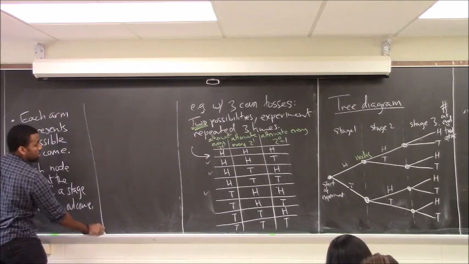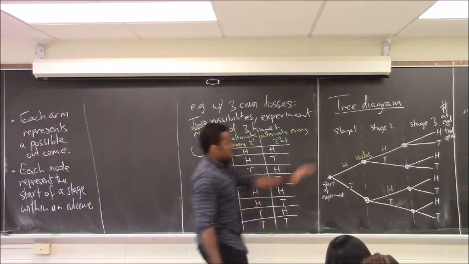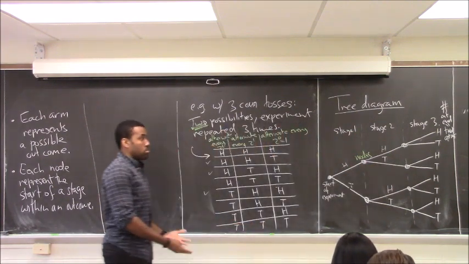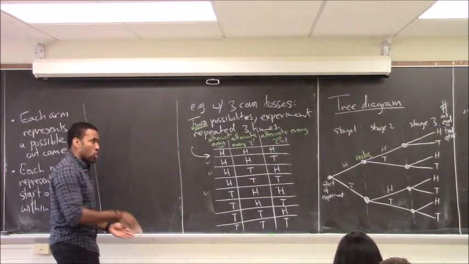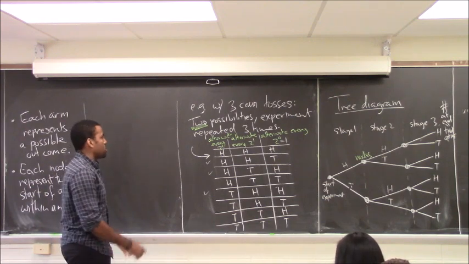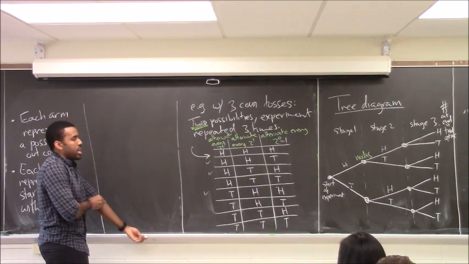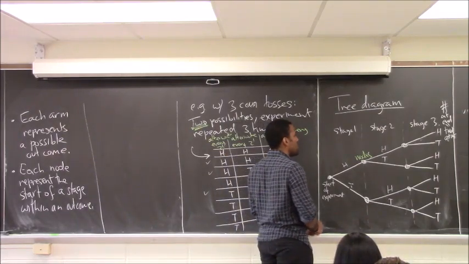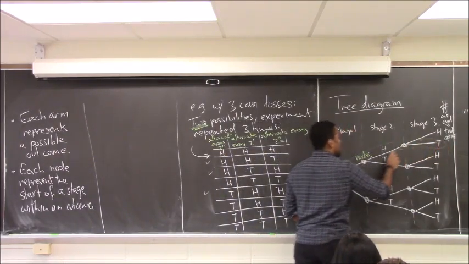So again, here there are 8 possible ways for this situation to end up, and someone can ask you, what's the probability of a certain kind of outcome happening? Like, what's the probability that I will only have one tail, right? So you simply count off the arms where there's only one T on it. So this would be a possibility.